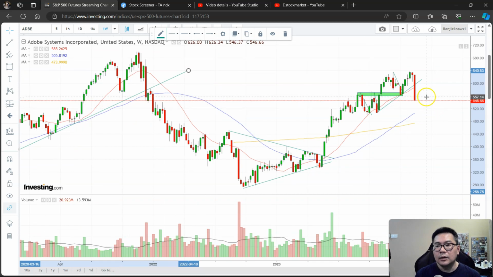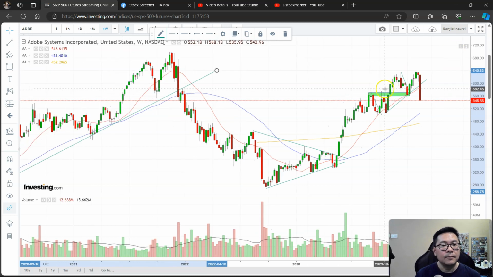So this could be a double top as well. If it does not hold the support area, you could see the beginnings of a drop, but if it holds, it just continues to drift up there.